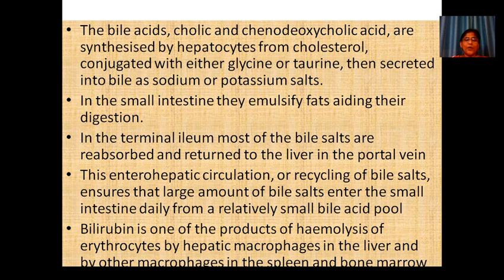Bilirubin is one of the products of hemolysis of erythrocytes by hepatic macrophages in the liver and by other macrophages in the spleen and bone marrow. Because of that hemolysis, bilirubin is produced.